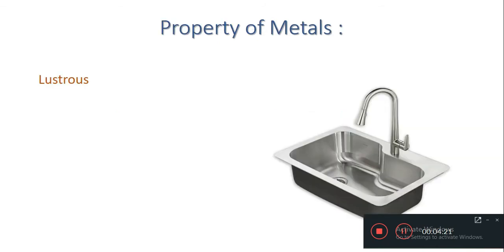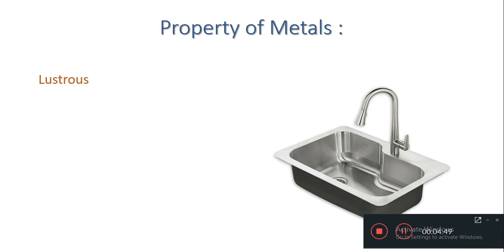Now, these are some properties of metal that we are going to look at or discuss. Initially, I mentioned some metals have shiny surfaces. This property of metal is called lustrous. The lustrous property of a metal simply says that a metal has a shiny surface. As you can see in the image, this is a basin, a washing basin or a sink.